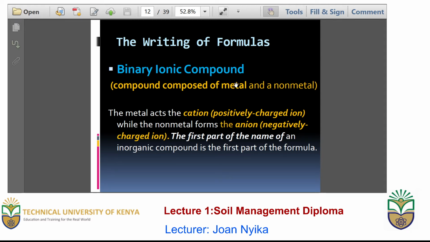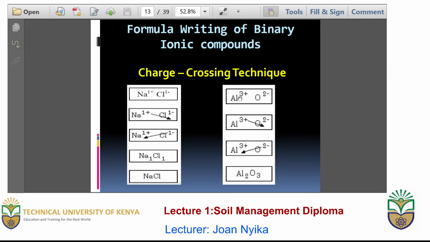The cation, or the metal, is positively charged, while the non-metal is negatively charged. Let us look at the ways we name these compounds. Look at the case of sodium and chloride. Sodium has a positive charge of 1 and chloride has a negative charge of 1. Once they combine, they form what we call sodium chloride.